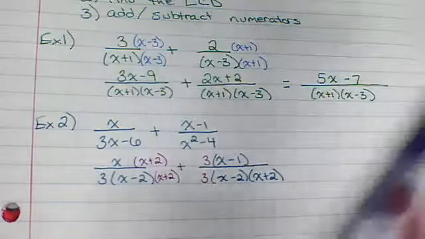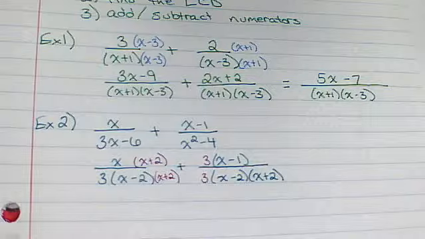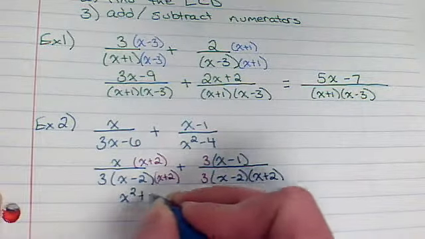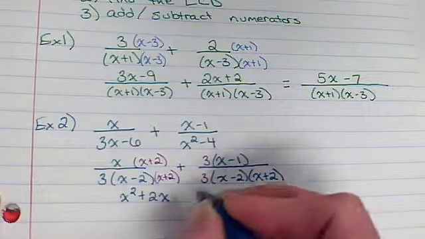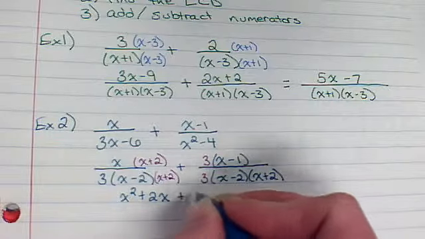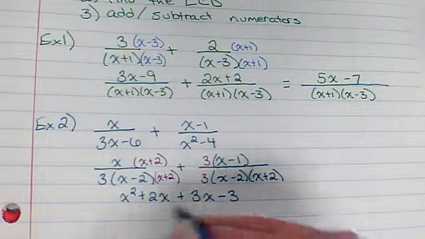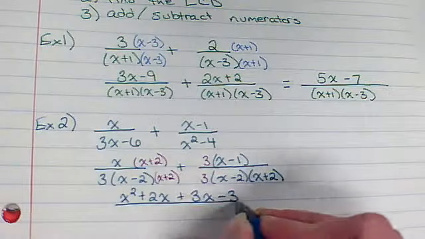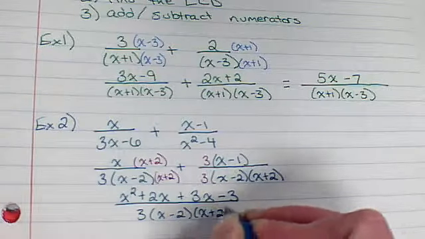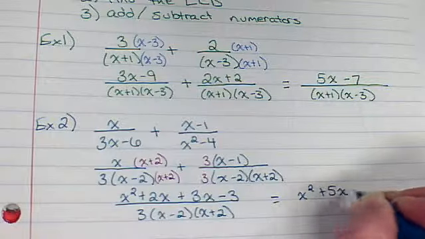Now, I'm going to go ahead and distribute. X times x gives me x squared plus 2x. And you know what? Since I'm going to be adding them and putting them all in the numerator anyway, I'll just go ahead and distribute here. That'd be plus 3x minus 3 all over that common denominator, which simplifies a little bit more, x squared plus 5x minus 3.